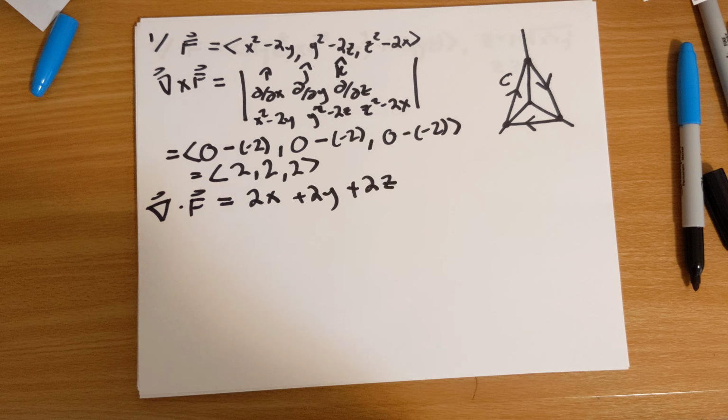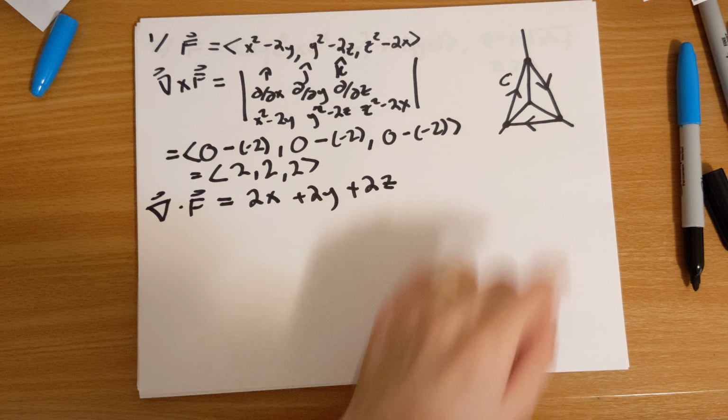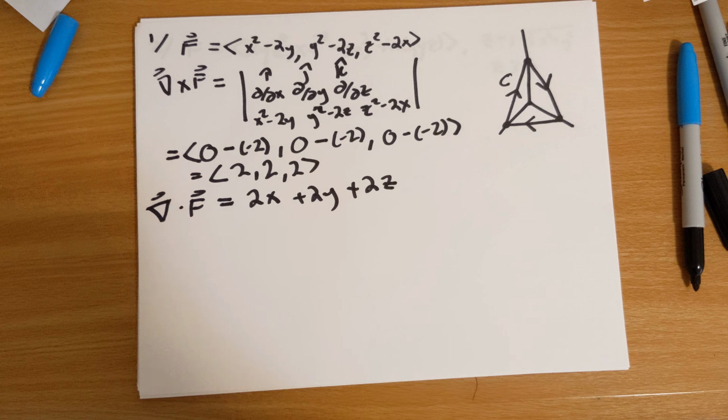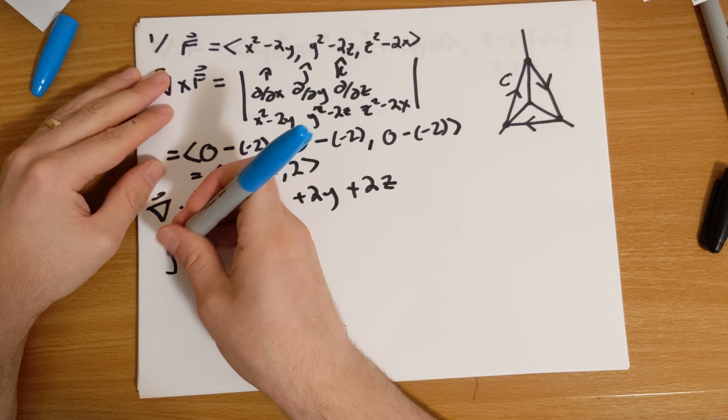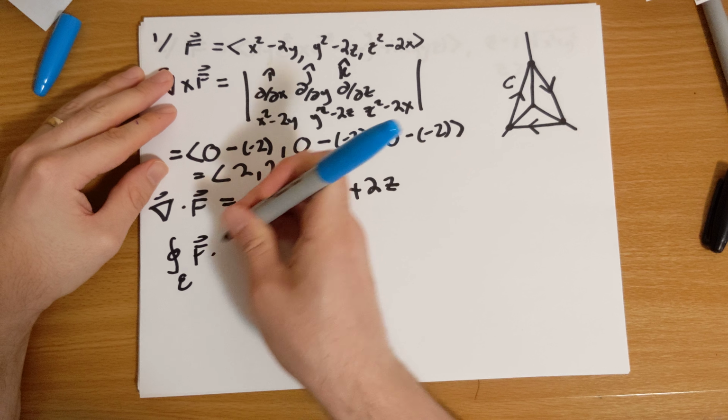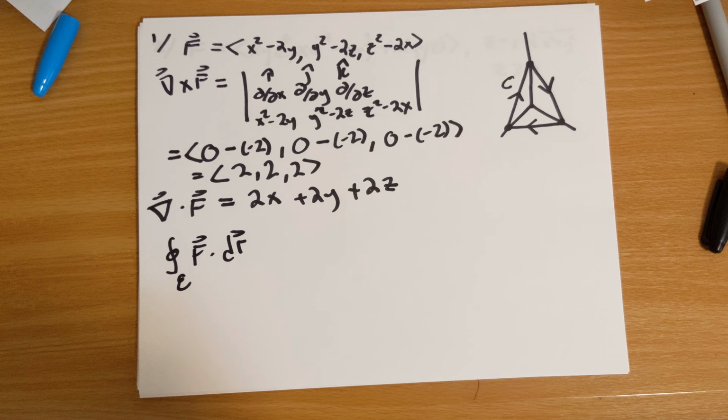Okay, part C asks us to compute the line integral around C here. So we are asked to compute this right here in part C. And so I want to do this using Stokes' theorem.